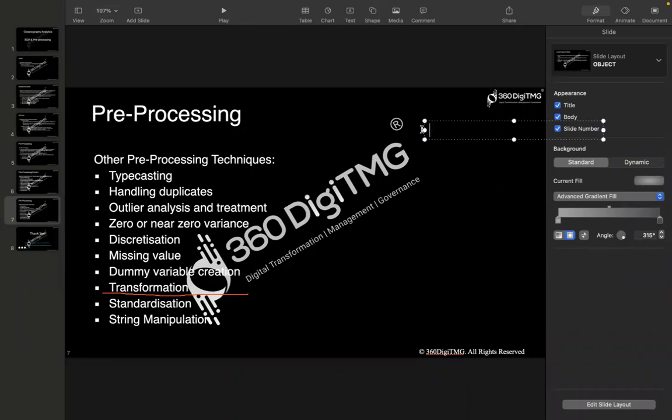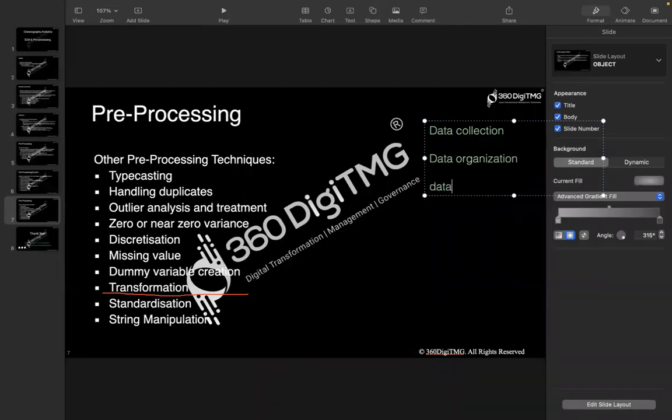First, we have data collection. Then we have data organization.